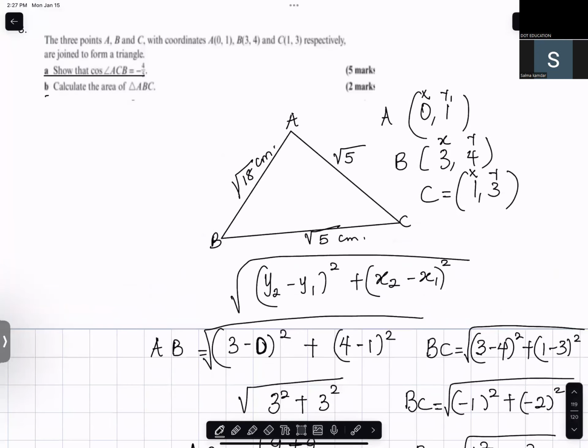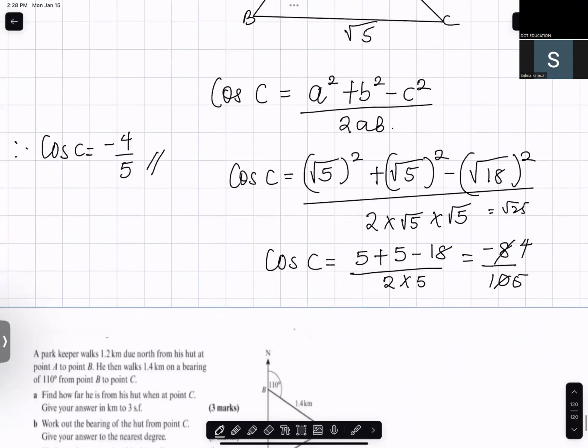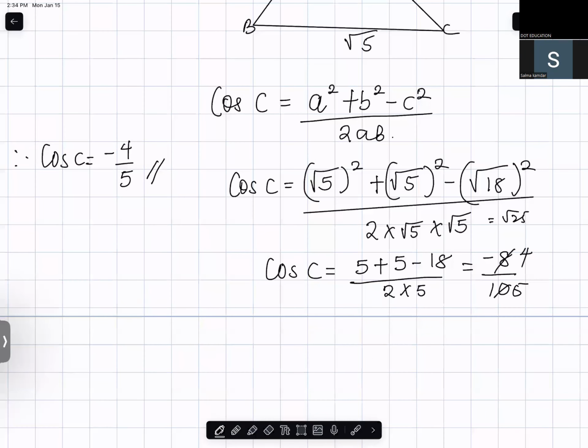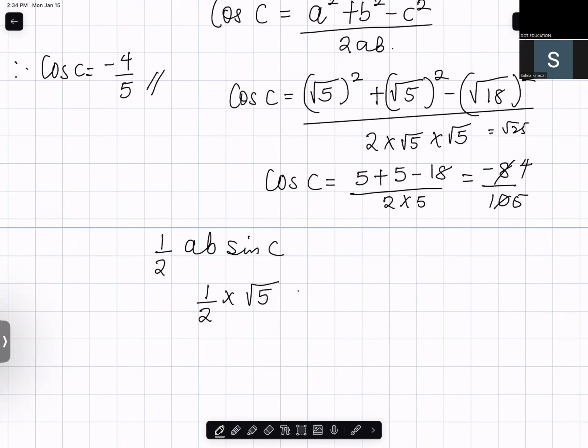Then we'll move to the next question, which is calculating the area of triangle ABC. So we have half ab sine C. Our a is root 5 and our b is root 5.